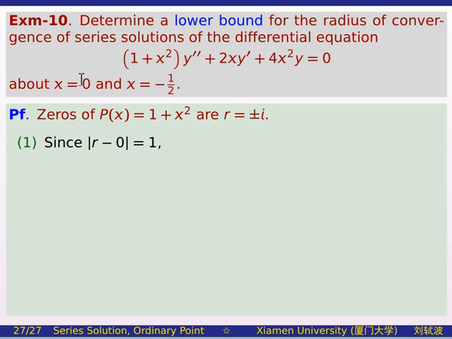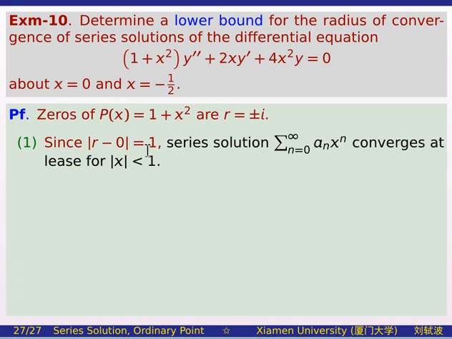For the power series solution about x equal to 0, the radius of convergence is not less than the distance from x equal to 0 to the nearest zero. From x equal to 0 to both zeros of capital P, that is i and minus i, the distance is 1.